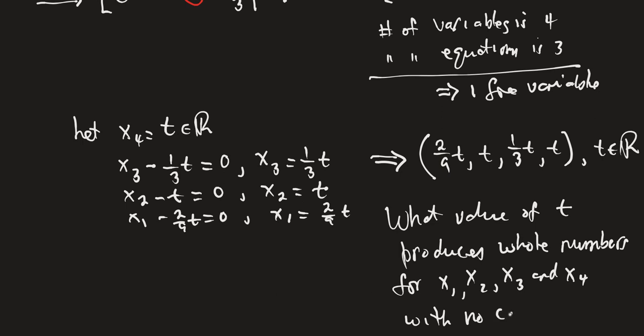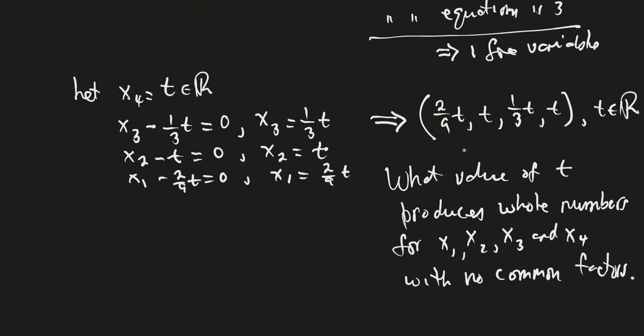Well, the clever thing to do is, if I want x1 through x4 to be whole numbers, then I would have to choose a t that's a multiple of 9, because then this would become a whole number, and these would naturally be whole numbers, and then this would also be a whole number, because if it's a multiple of 9, then it automatically is a multiple of 3, because 9 is a multiple of 3, right?